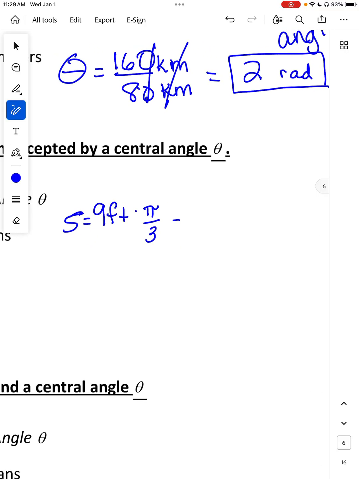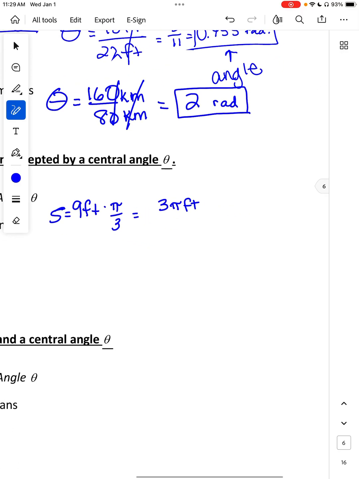So when we reduce that, that ended up being 3 pi feet. We want to go ahead and find out what that is, which is 9.425 feet. Because feet didn't cancel out, and we're actually finding arc length, which is in feet.